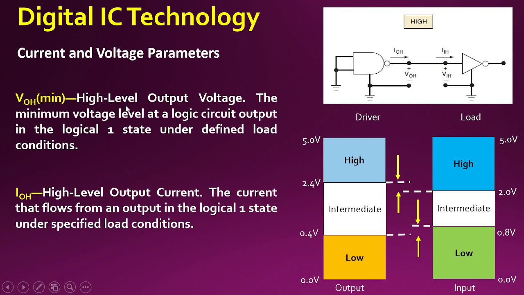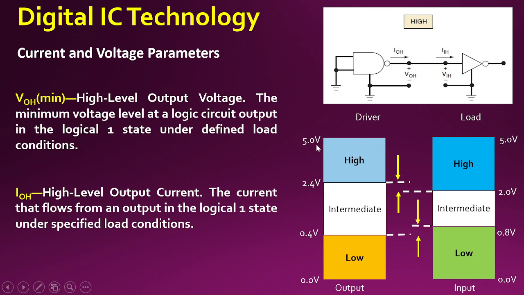Let us have a look at this. It is the high level output voltage, the minimum voltage level at the logic circuit output in the logic state 1 under defined load conditions. Now what does this mean? When the output is high, the valid range is 2.4 to 5.